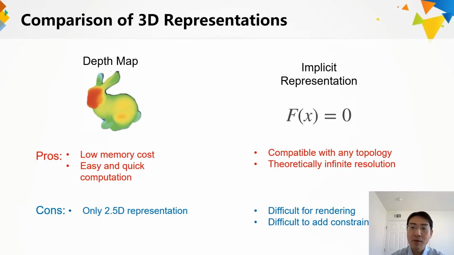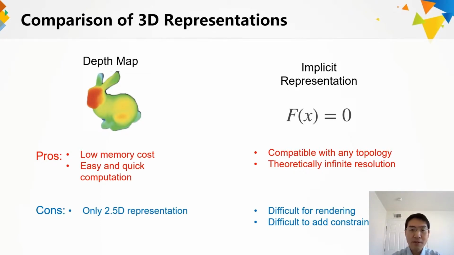For example, for any point outside the object, the function will give values greater than 0. And for the inner part, it is smaller than 0. So on the boundary, it is 0. Based on this implicit function, we can see where the boundary of the object is.